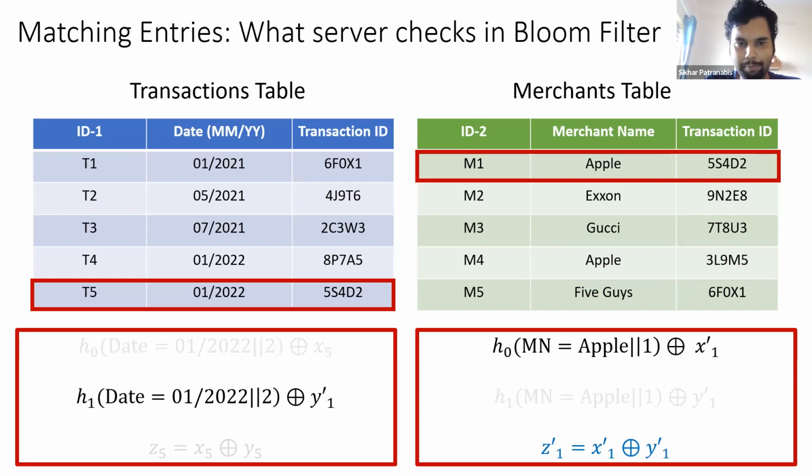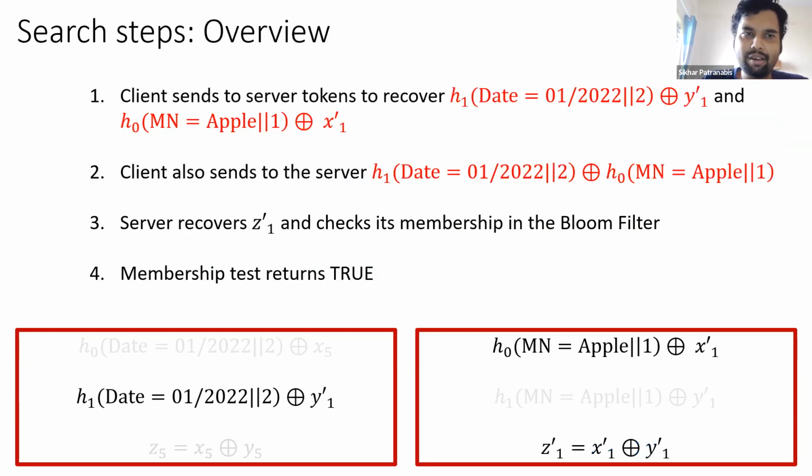The important thing to note here is these three highlighted values: the masked X1 prime value, the masked Y1 prime value, which comes from the transactions table, and this particular Z prime value, which is the XOR of X and Y. If we are somehow able to check if X1 prime XOR Y1 prime occurs in the Bloom filter, we are done. But we still have these masks to get rid of. At a very high level, what the client would do is send to the server the XOR of these two masks.